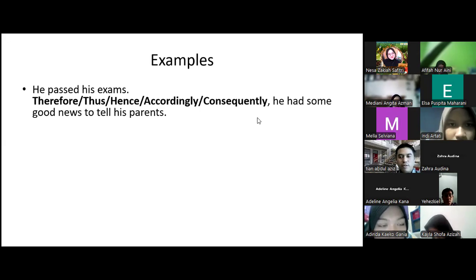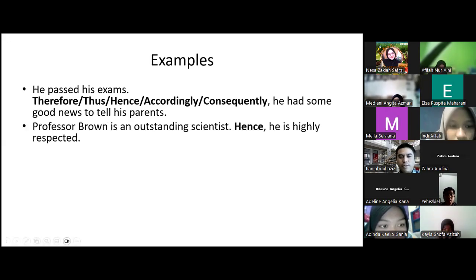This is not an unexpected result. This is the result of the first sentence. Okay, continue, Adinda. Second sentence. Professor Brown is an outstanding scientist, hence he is highly respected.